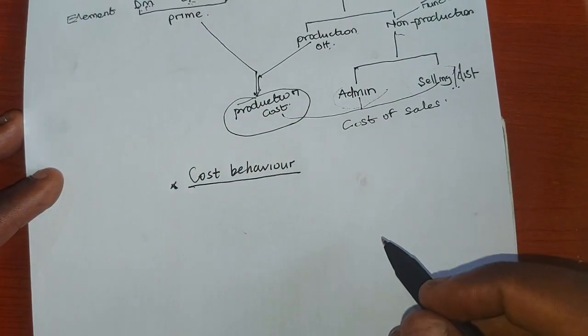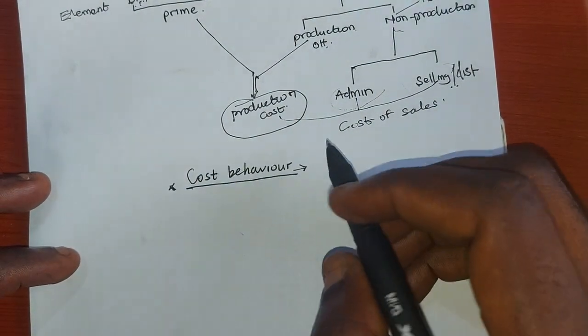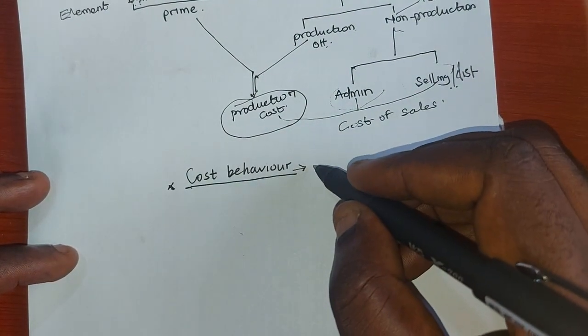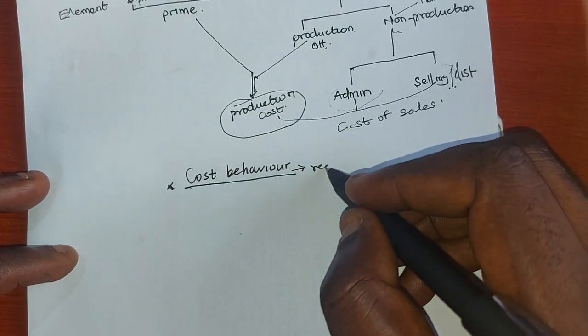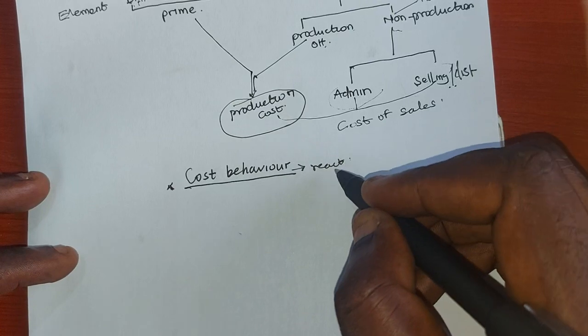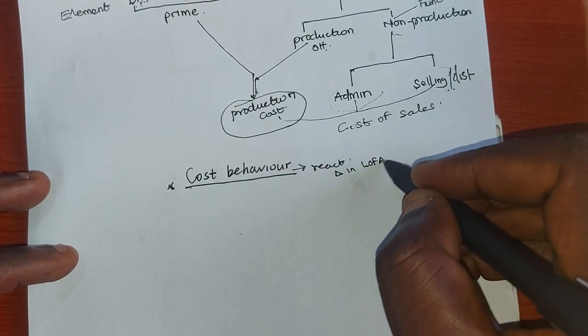Cost behavior. What is cost behavior? Cost behavior is nothing but a concept that shows how the total cost reacts to changes in the level of activity.